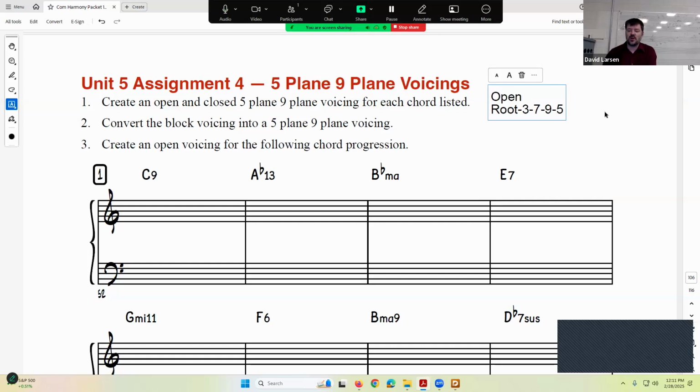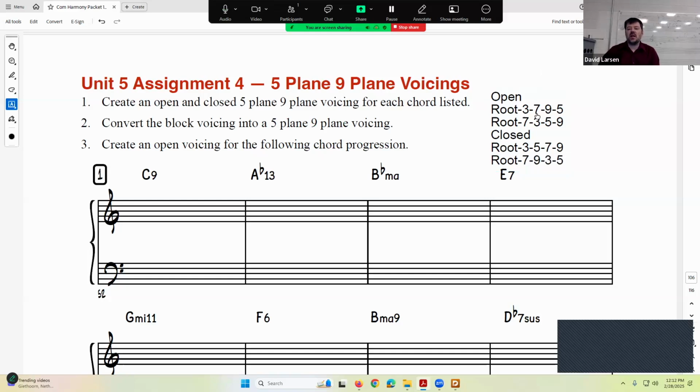So that's choice 1. Choice 2 would be root, 7, 3, 9, 5, and then 9. And then closed would be root, 3, 5, 7, 9, and root, 7, 9, 3, 5.